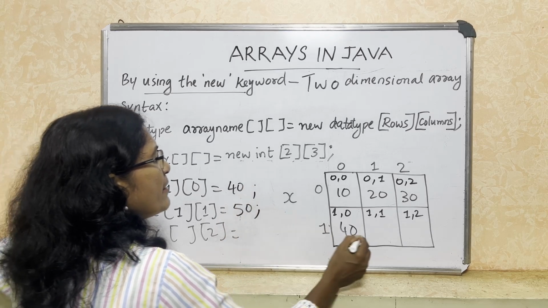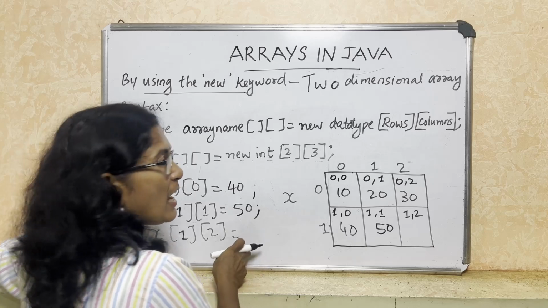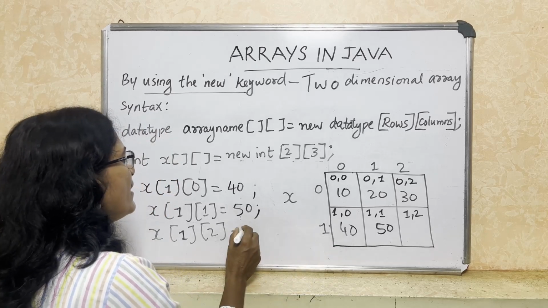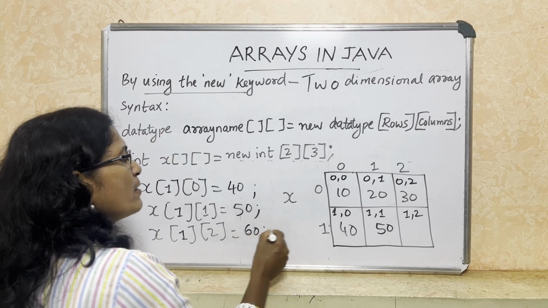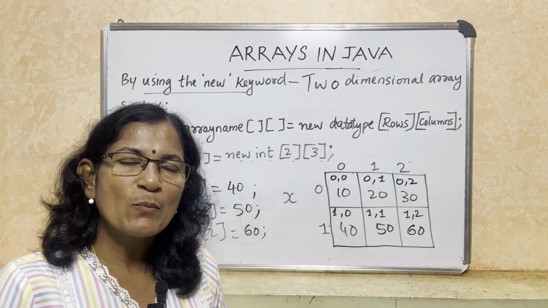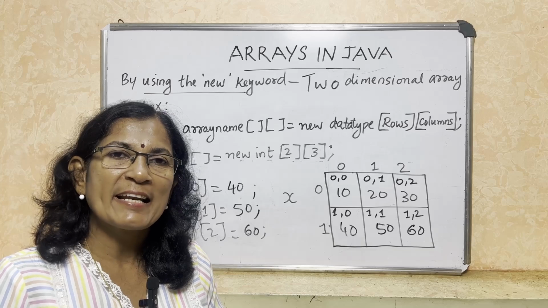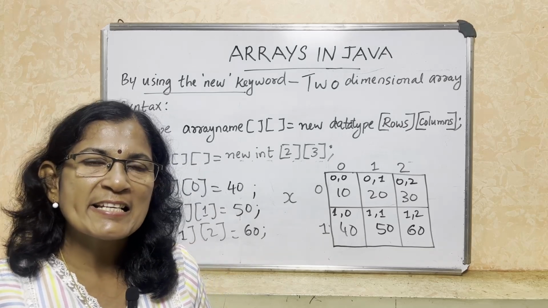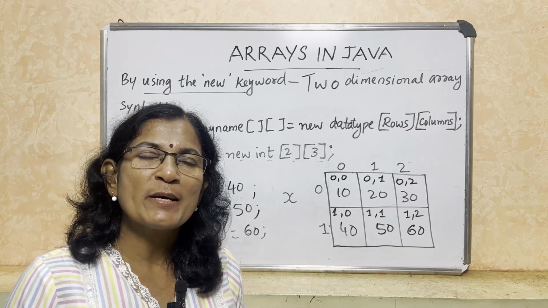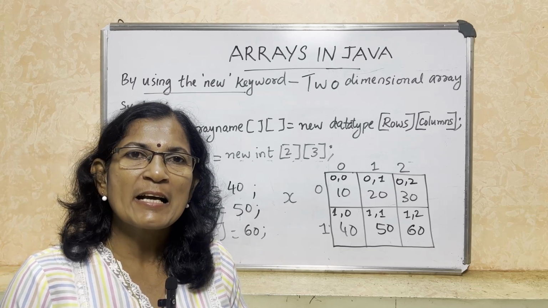So 50 is stored here. x of 1, 2 is the last storage location of this array, and it is equal to 60. So the value 60 gets stored here. This method of assigning values to a two-dimensional array is not practical as the size of the array increases. We have to use a nested loop for assigning values to a two-dimensional array. This we can discuss later in the coming videos.